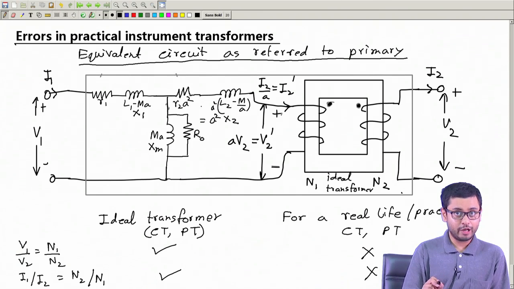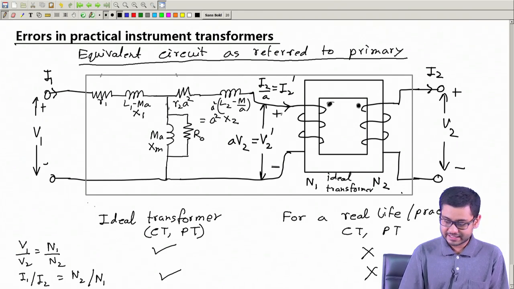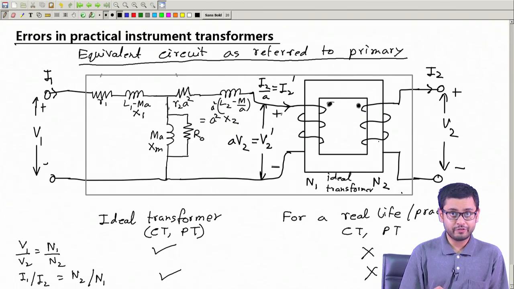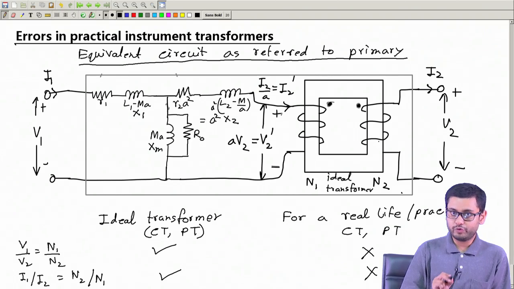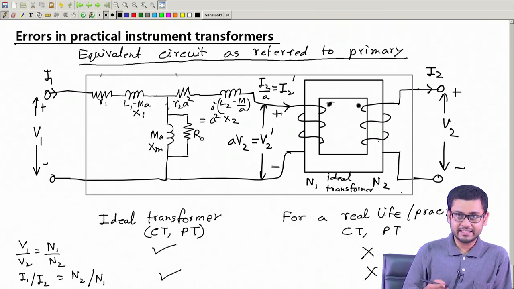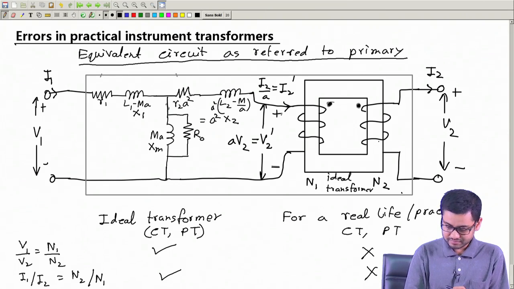If you find these values appropriately, then this entire circuit together will behave exactly like a practical transformer, which has core loss, coil resistance, leakage reactance, everything. So this is what is called the equivalent circuit of a transformer. I am stating this again and again. Okay.